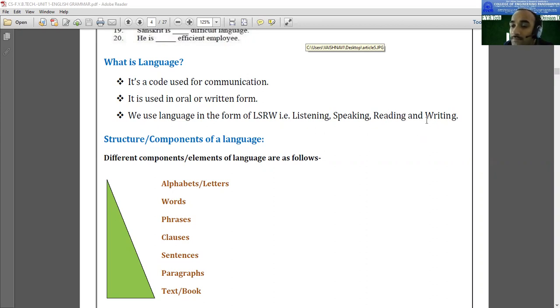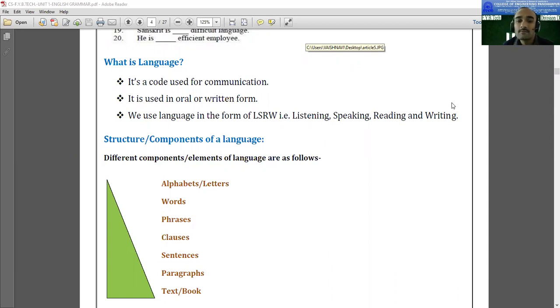He or she takes the practice of our speaking or reading in the class. And after that, our teacher teaches us to write down. For writing purposes also, we have to depend on our teacher.